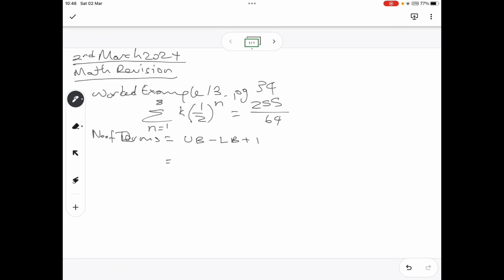So it's upper bound minus lower bound plus 1, and this is 8 minus 1 plus 1, which is 8. So we're going to have 8 terms. And then in those 8 terms, let's determine the first 3 terms so that we see what the geometric sequence looks like. So we're gonna substitute from n equals 1 to n equals 3.